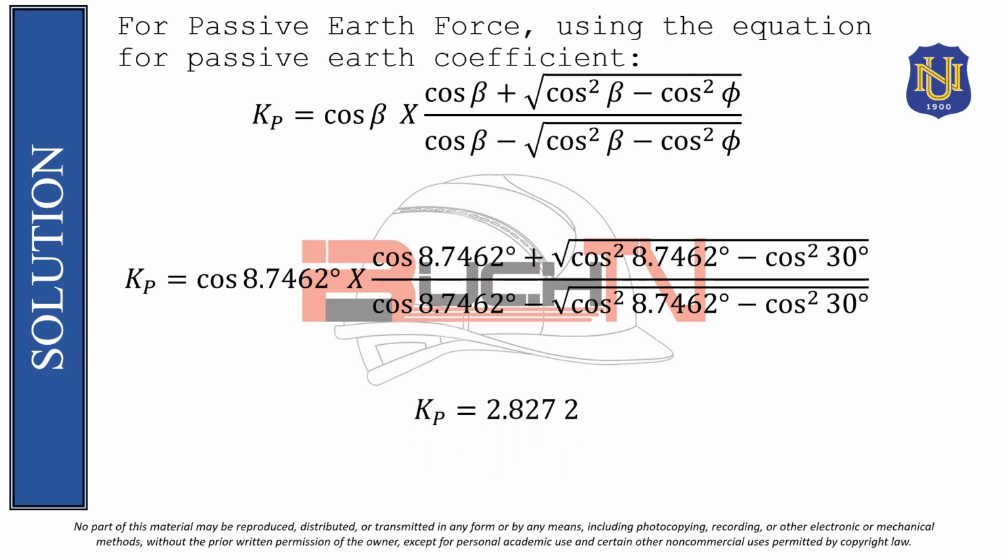Calculating that one, we will have a passive earth coefficient equivalent to 2.8272.